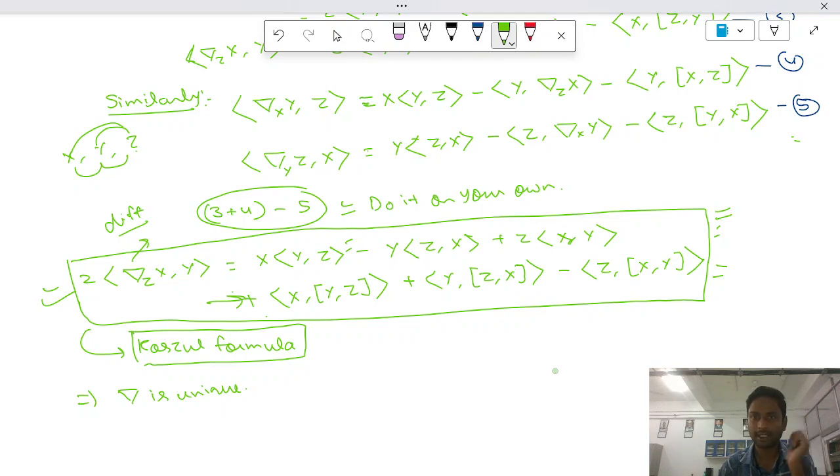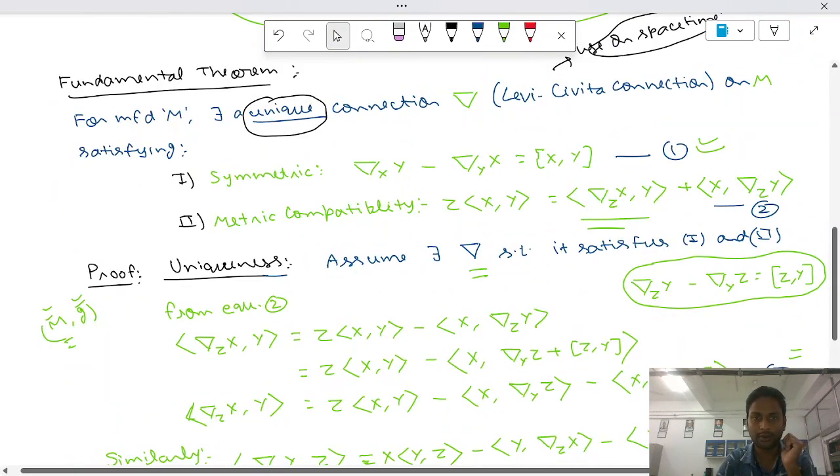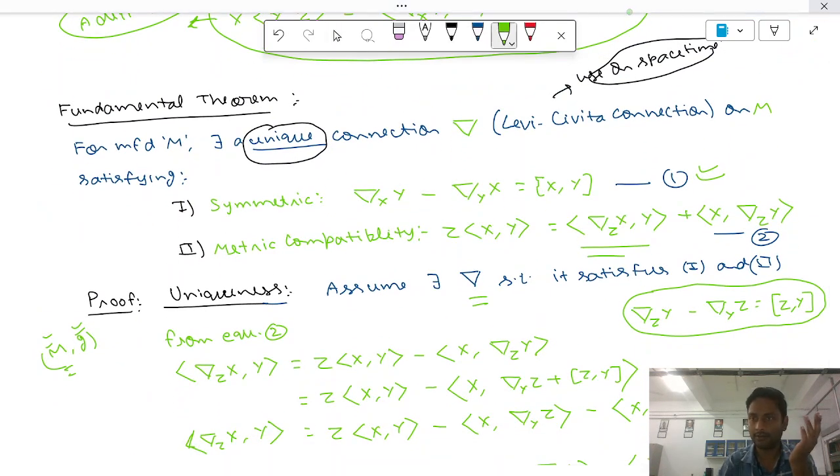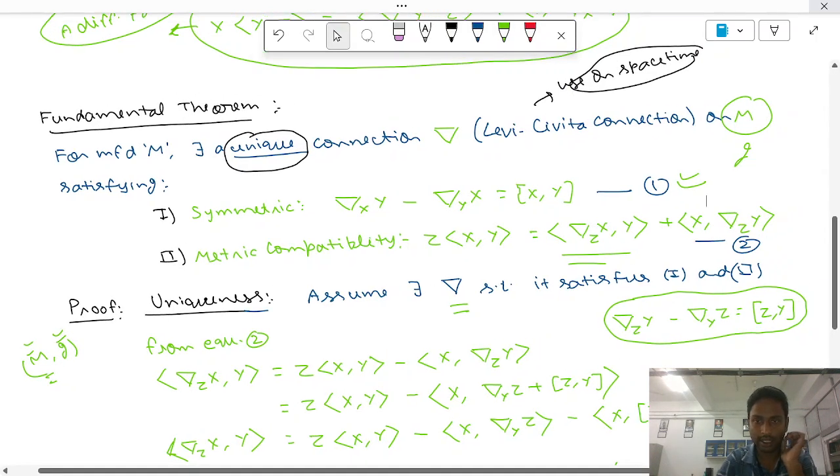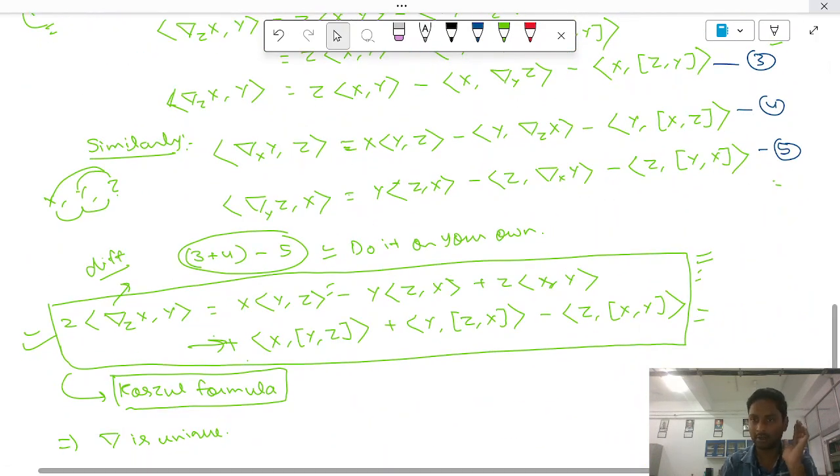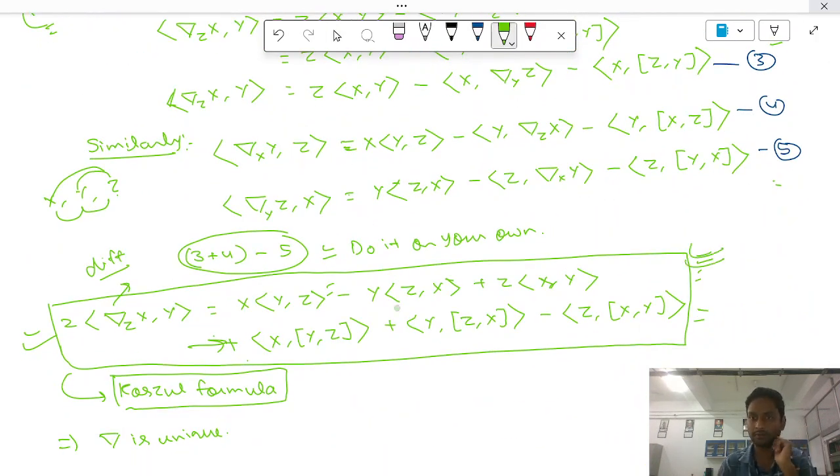Before doing anything, we have fixed our manifold and the metric. If you are given a particular Riemannian manifold, and the connection on that Riemannian manifold satisfies this formula, that means it depends only on the metric. Since the metric is fixed, this formula proves that our connection nabla is unique.